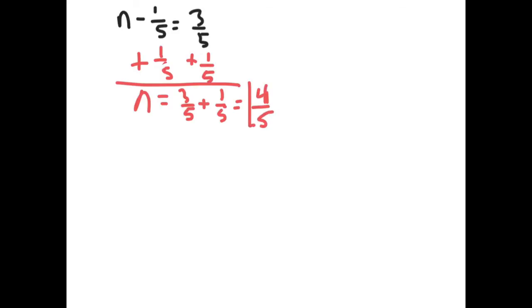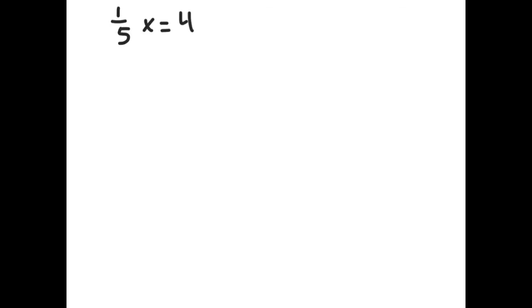And this would be our answer since we can't simplify 4/5. So for this problem, since it's 1/5 times x to equal 4, you would actually do 4/1.